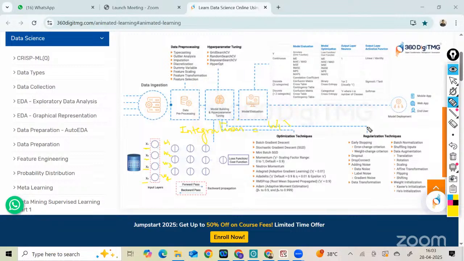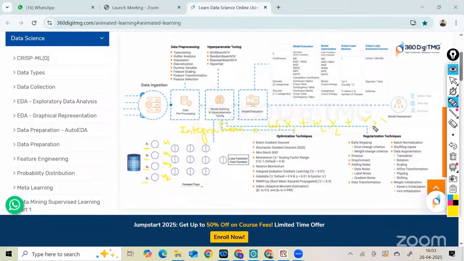So here we will have W1X1, W2X2, W3X3, W4X4, and likewise, plus one bias will be there.